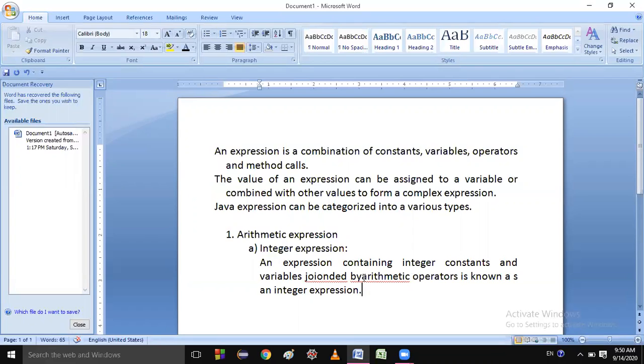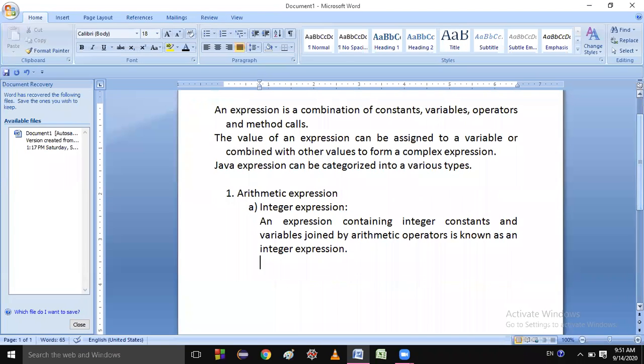I will explain it to you, don't worry. So an expression containing integer constants and variables joined by arithmetic operators is known as an integer expression. What is written over here?